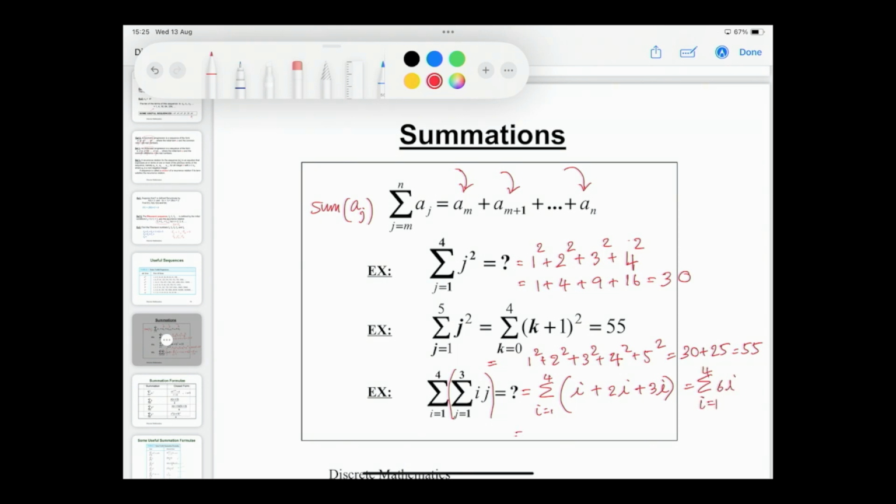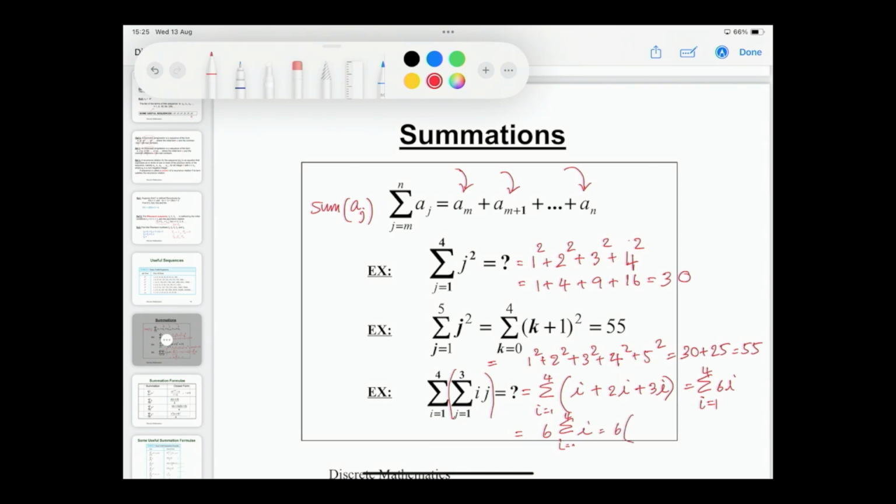And we can take 6 in front as a constant. Can we? Hold on. Summation. Let's try that. i is from 1 up to 4.